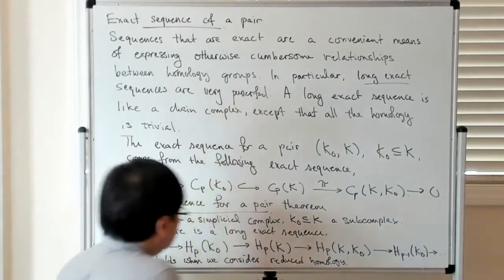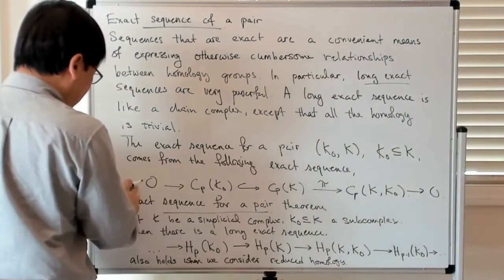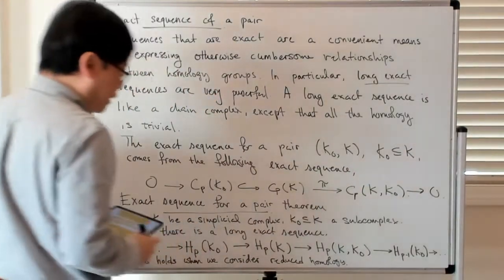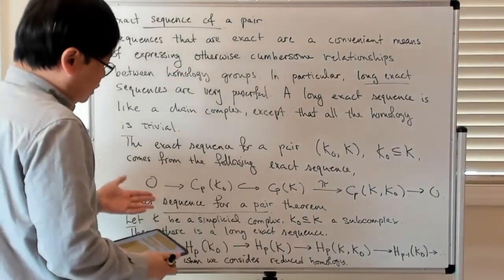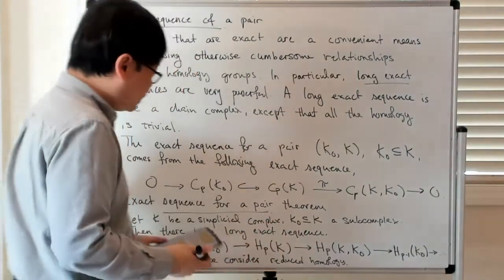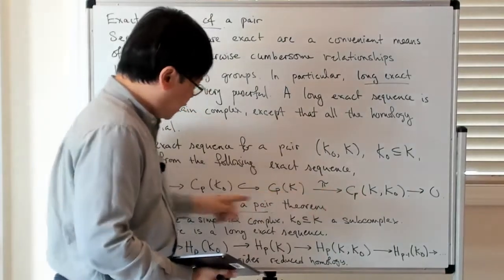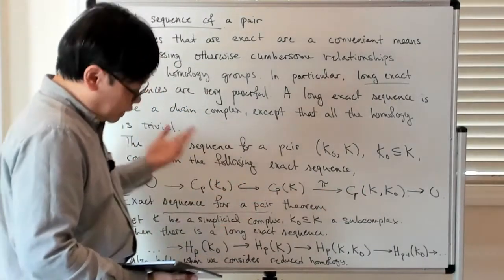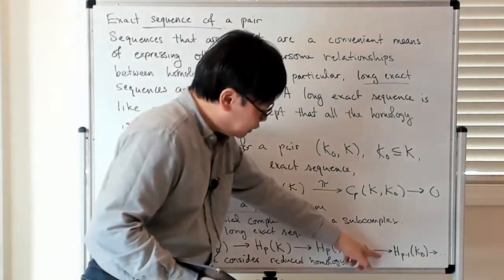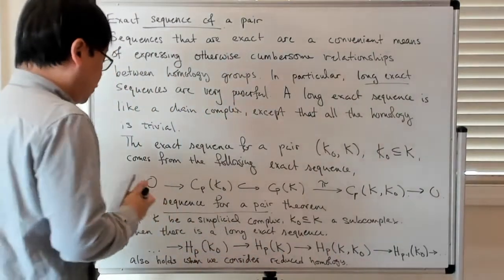All right. Okay, so again, what we're going to see in a little bit is that this particular long exact sequence is a consequence of this sequence we have at the level of the chain groups, and then there's a general construction for what is called the connecting homomorphism here.